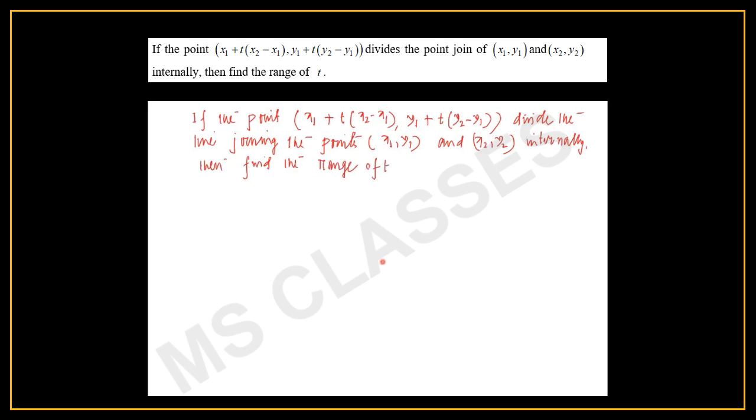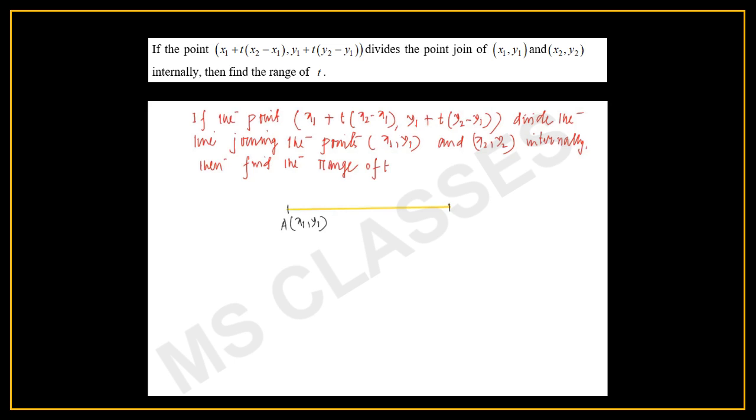Now, here we can apply the result very easily. First of all, you have to understand that this division is internal division. Here, we take the point A, which is (x1, y1).